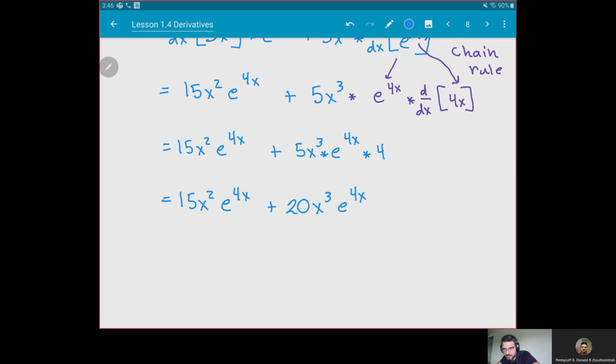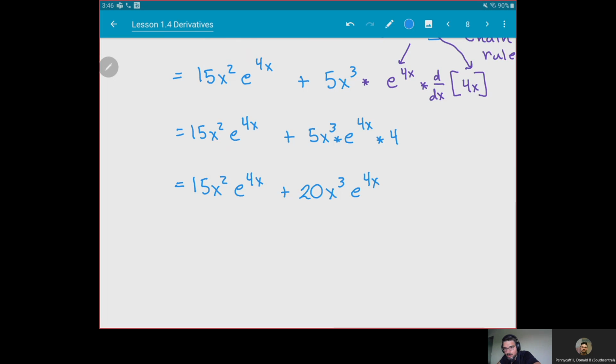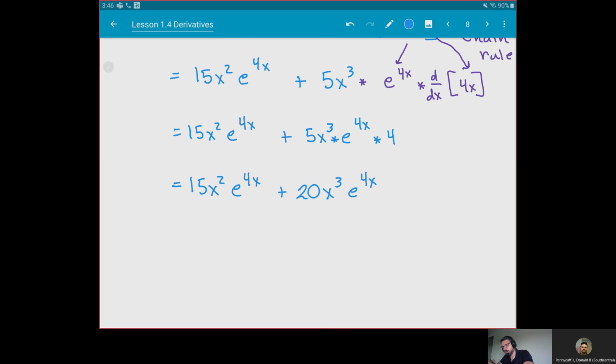Now, I'm good with you stopping right there, but I do want to go ahead and get you used to the idea of continuing on. All we're doing right now is finding derivatives. When you're doing this type of stuff in Calc 4, and even in Calc 3, you're going to be solving after you're done with this step. So I want to go ahead and factor. I want to get you guys used to thinking about factoring all the time because it will help you a lot.